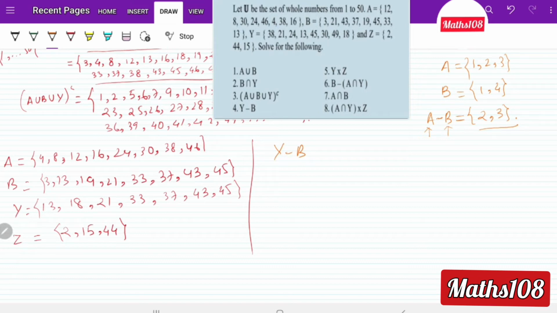So we need to exclude the common terms of B from Y. So let's check common terms. Y 13, there is 13 in B, so there is no 13. There is 18, and there is no 18 in B, so 18 is here. 21 is here, so we need to write 21.